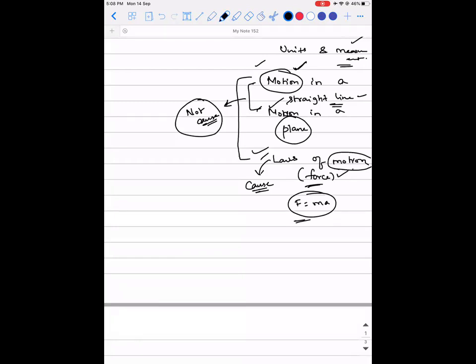The force is causing what? The force is causing or opposing what? Motion. That's right. So force is causing or opposing the motion.